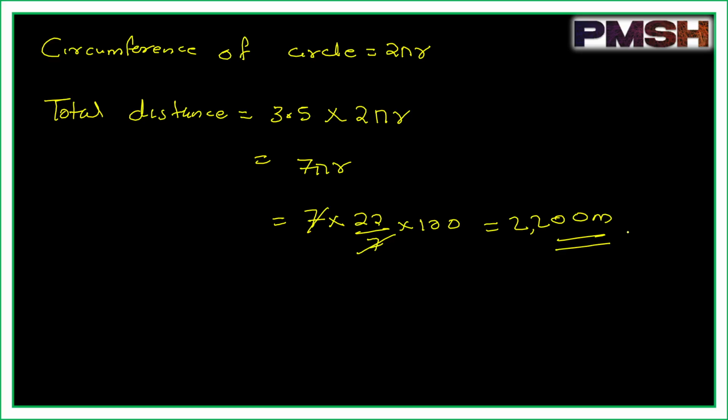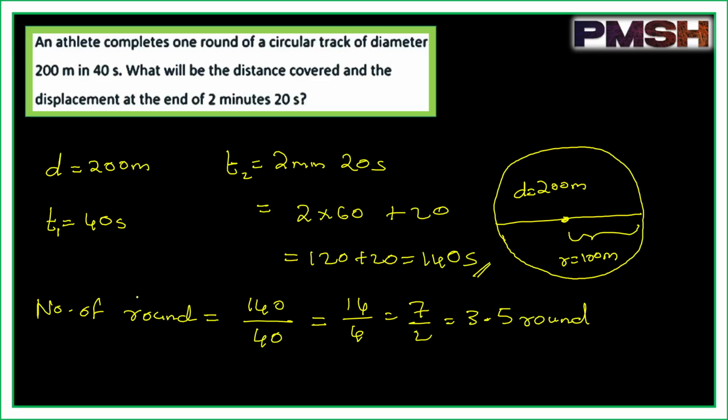Now you have to find what is the displacement, right? So we know that distance is the total path length, whereas displacement is the shortest distance between the initial and final position. So we need to know what is the initial position and what is the final position for this athlete. Suppose the athlete starts from here, it is the initial position I. The athlete is completing 3.5 rounds.